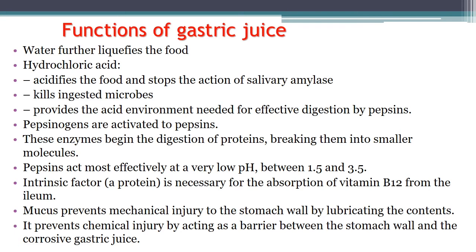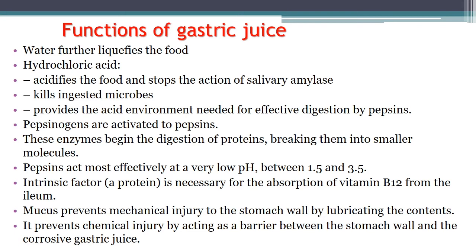Now the function of the gastric juice. Water further liquefies the food. Hydrochloric acid is very helpful to acidify the food and stop the action of salivary amylase. It kills ingested microorganisms. It also provides the acid environment which is helpful for effective digestion by pepsin.